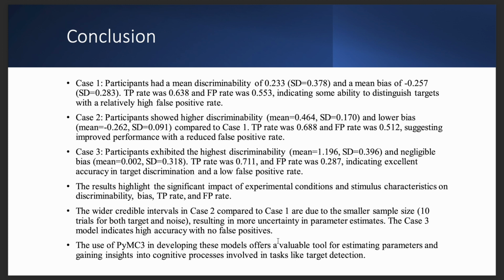However, in case 2, performance improved with high discriminability, low bias, and reduced false positive rate. Finally, in case 3, participants demonstrated excellent accuracy in target discrimination with minimum false positives. The varying results highlight the importance of experimental factors in shaping performance outcomes. By utilizing PyMC3, we are able to estimate parameters and gain valuable insights into the cognitive processes underlying the target detection task.